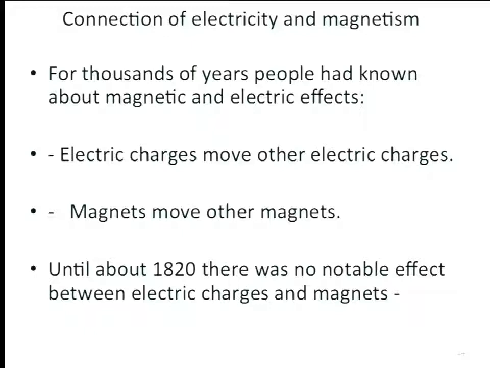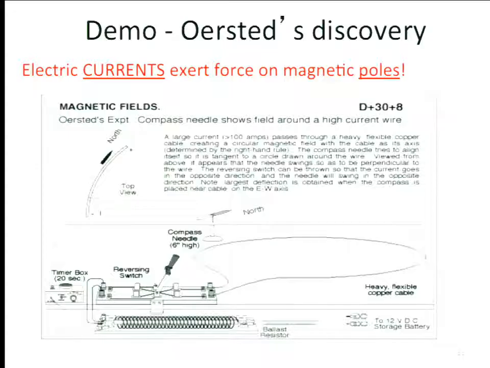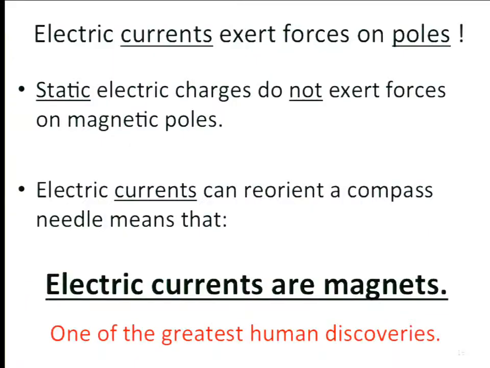But once you had a means of creating a current, then Ørsted could discover that currents, by which we now know means charge moving over time, moving charges, they connect with magnets. That caused a revolution. This was 1820. Volta, of course, was already talking about the year 1800. So this tells you that electric currents, in a sense, are magnets.